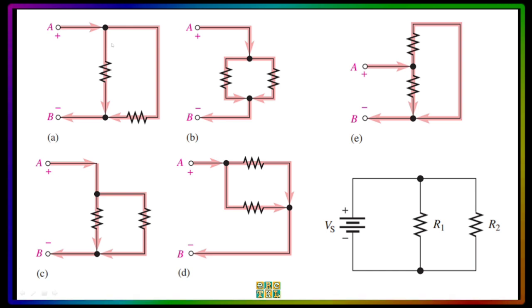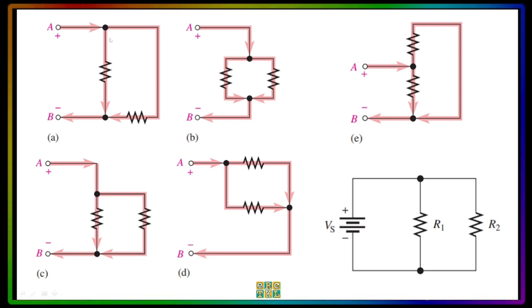Now, these are again the connections of the parallel resistors. Don't be confused. Just focus on the points A and B. As long as the two resistors are connected on the same two points, then they will be in parallel.